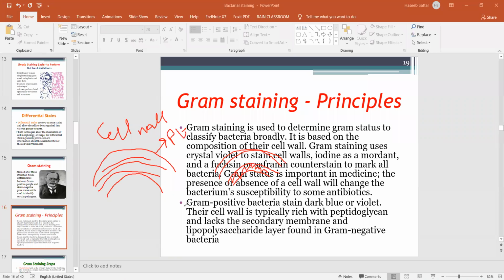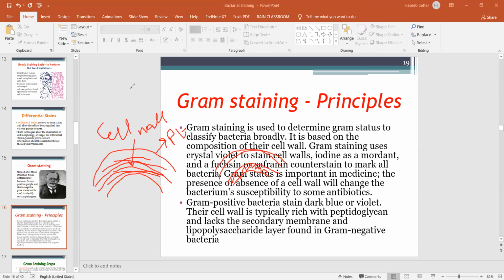While the cell wall of a gram-positive bacterium is thick, and there is only one membrane present outside the plasma membrane. Because the cell wall is thick, once the coloring agent enters the peptidoglycan, it remains attached to it.